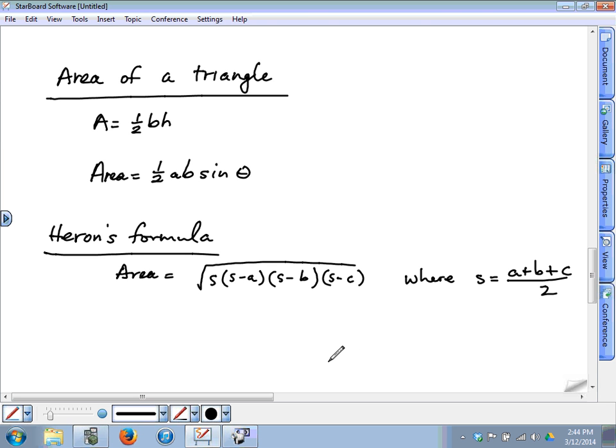That's called the semi-perimeter. So if you add up all the sides of a triangle, that's the perimeter. If you divide that in half, that's called the semi-perimeter.